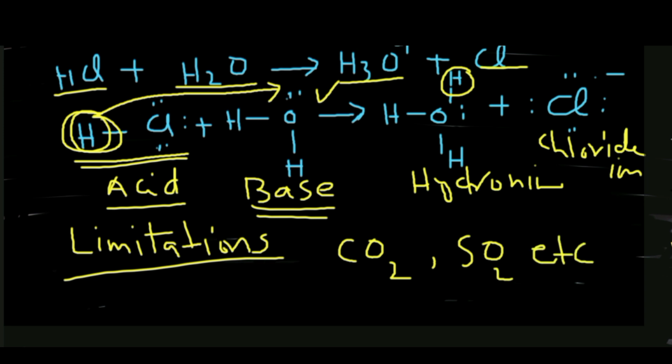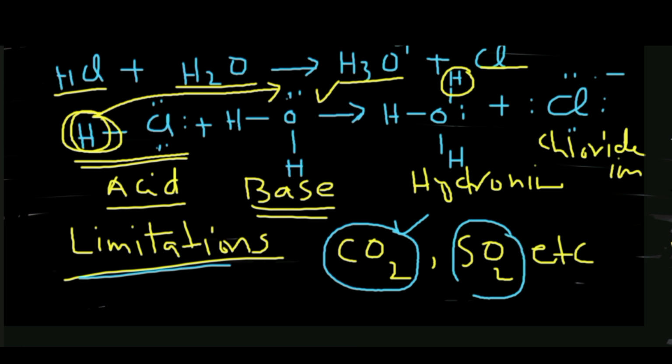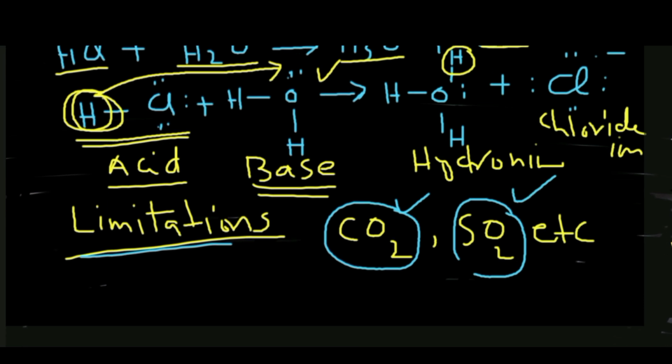It is not explained by the Lowry-Bronsted concept because CO2 does not give hydrogen ions, or protons. Similarly, Lowry-Bronsted also does not explain sulfur dioxide, which is neither acid nor base because it neither gives nor accepts hydrogen ions, you can say protons. So these are the limitations of the Bronsted-Lowry concept of acids and bases.